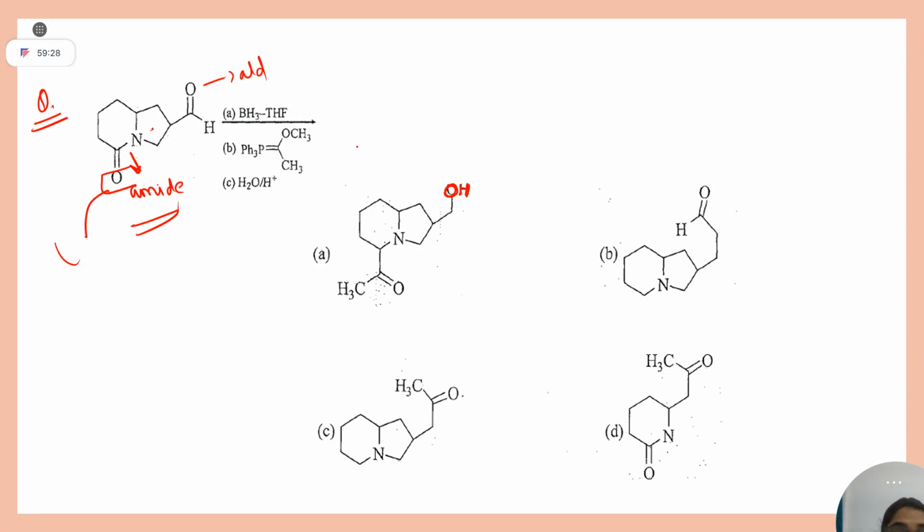So if it is amine, which two options can we delete directly? This one and this one. You can directly delete these two options. See, in a competitive exam, students, you need not know every concept. Okay, let's say in one question, three things have been asked to you.